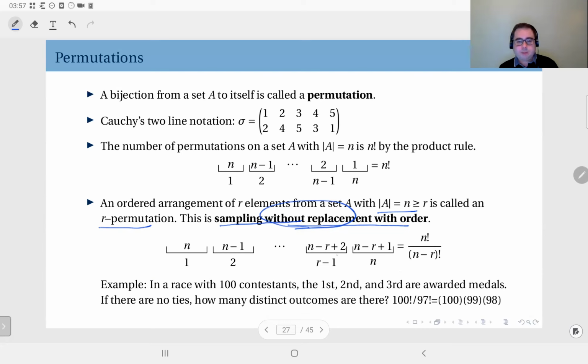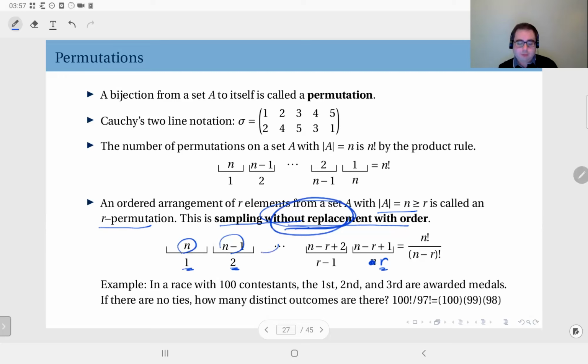The same approach applies here. You have r subtasks now: selecting the element for the first one, selecting the element for the second one, the third one, etc., up to the rth one. And here you have n alternatives, and the next one will be n minus 1 because replacement is forbidden. You cannot reuse elements.